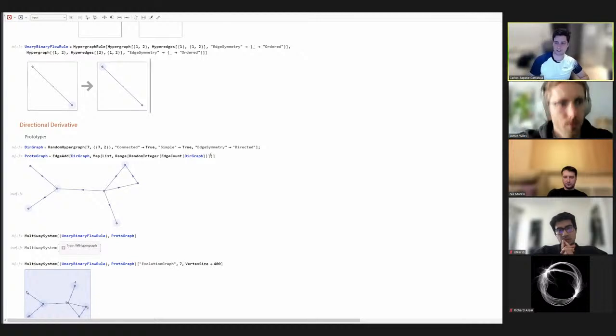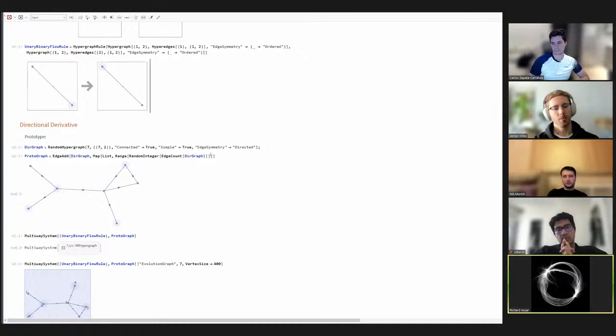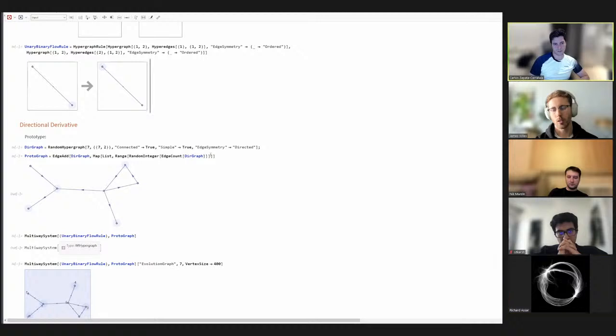Wait. Why does it depend on the unaries? Because a unary edge can exist inside of a binary edge, or no? Not really. No, because in this system with your little mass moving along the edge, they're always in a neighborhood of each other, right?